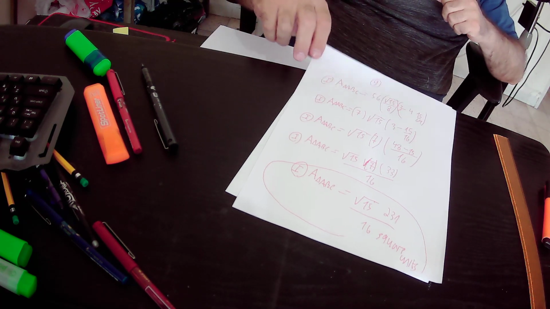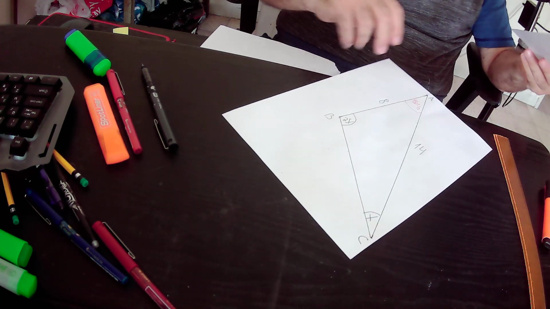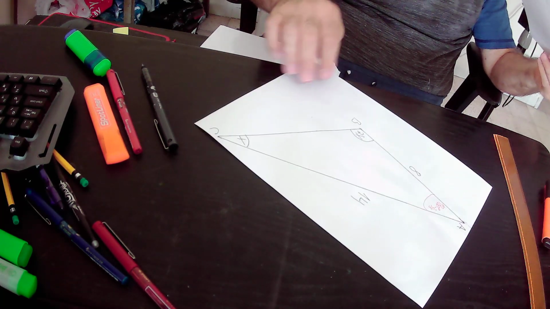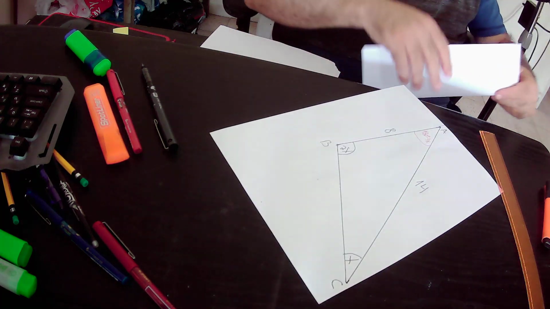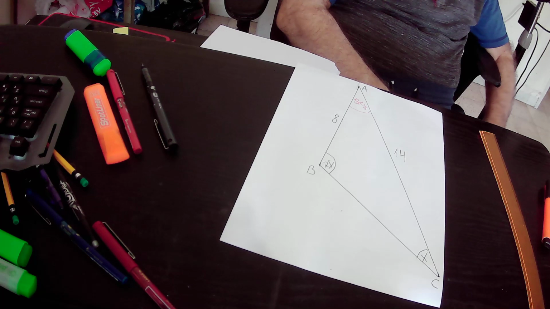Okay, so now I will summarize the lecture. Actually, we wanted to find out the area of this triangle ABC.